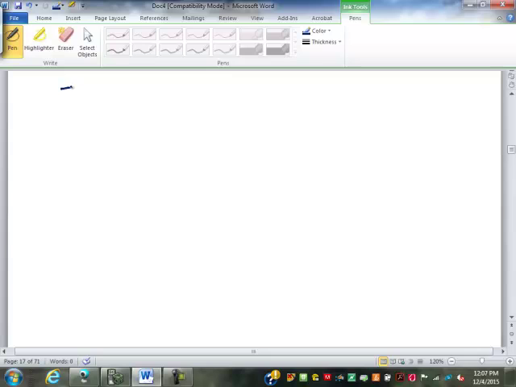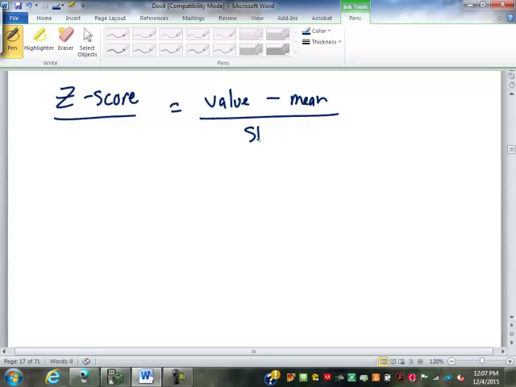We use something called a Z-score. A Z-score for a number is taking its value, subtracting the mean for the data set that it comes from, and dividing by the standard deviation. So for the house we were just looking at, its price was $200,000.